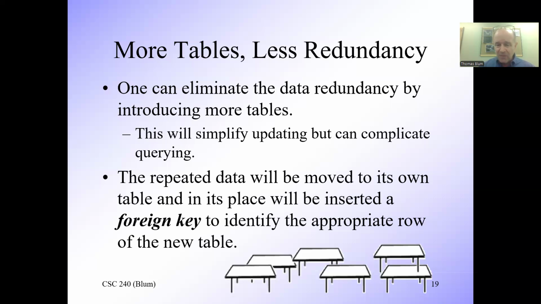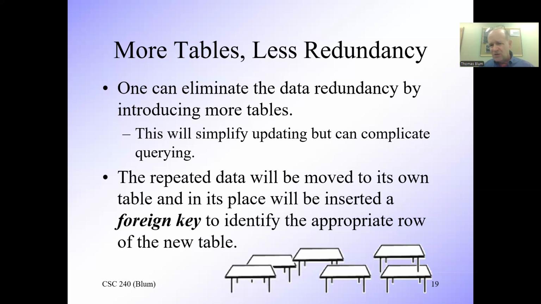I need some information about the person in the character table. So I need a foreign key, but I want to keep that foreign key simple so that there's no reason to change it. And then the name Dan will only appear once over in the real person table. And so I will fix it that one time.